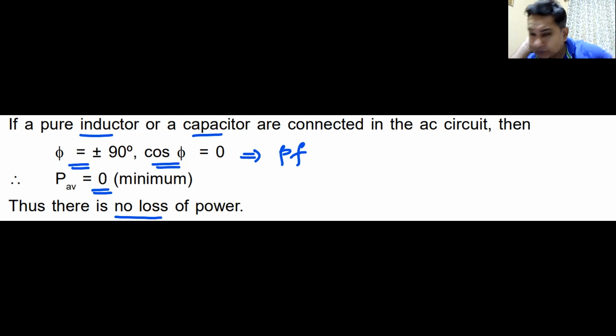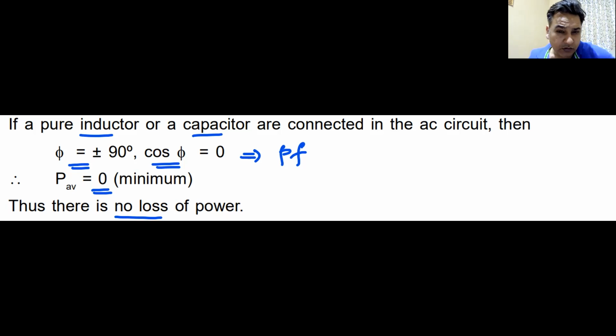Now, we have seen three cases. Case number 1, angle is 0. Case number 2, angle is plus pi by 2. Case number 3, angle is minus pi by 2.